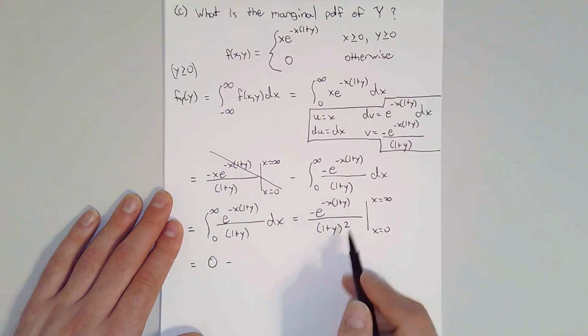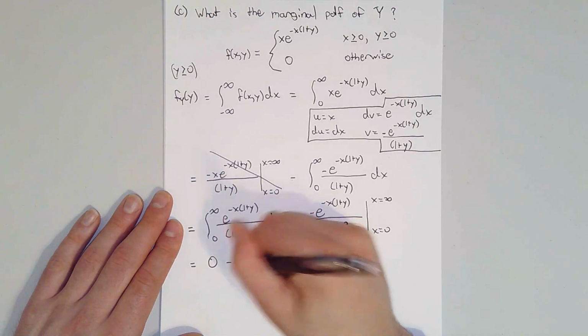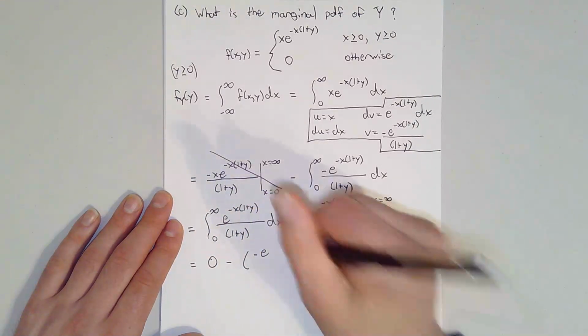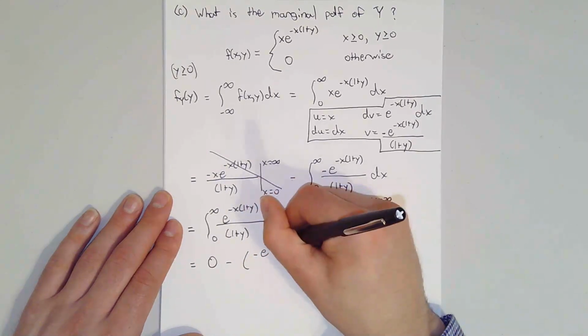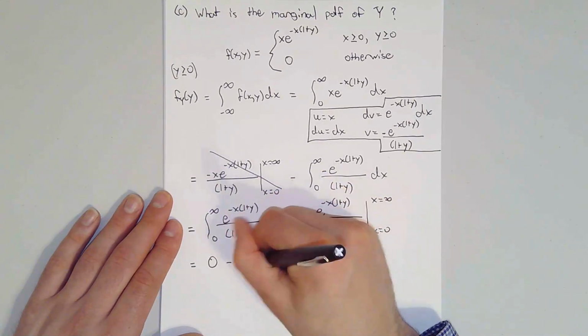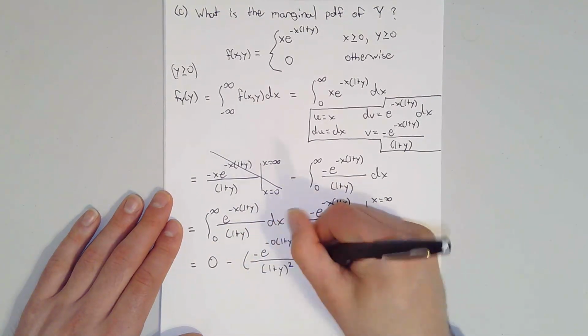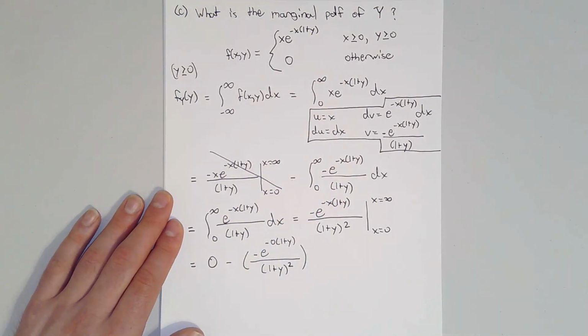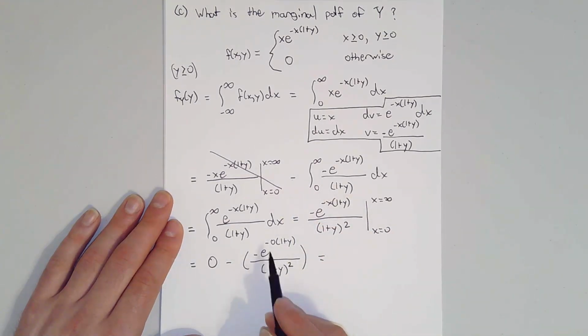Subtract this quantity evaluated at x equals 0 is the following. Gives us this. Simplifying this expression, this is just e to the 0 power, which is then 1.